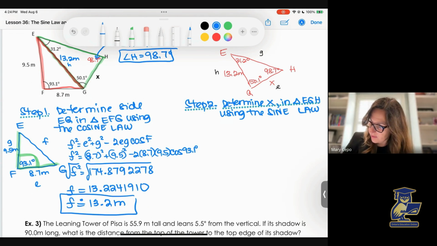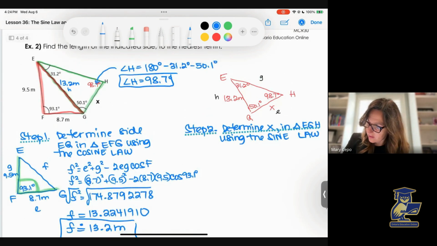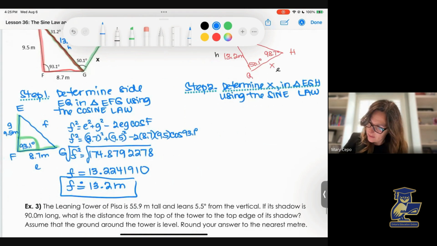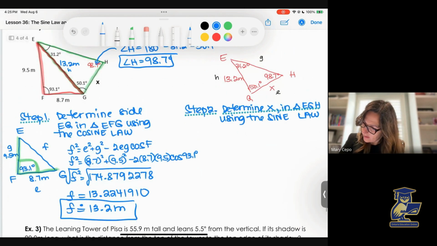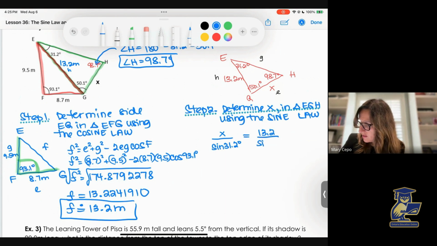So because I used X, we're going to say sine of X over sine of 31.2 degrees is equal to 13.2 all over sine of 98.7 degrees.